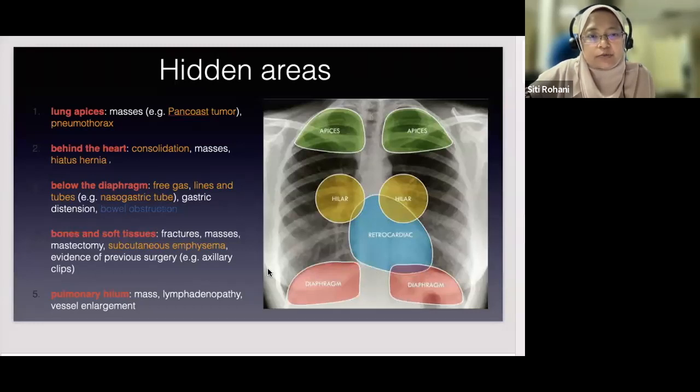In bones and soft tissue, we don't miss any fractures, any masses, or evidence of mastectomy that can give us a clue to the underlying abnormality in the particular patient. Emphysema, evidence of previous surgery, and don't forget about the hilum. Look for mass, lymphadenopathy, or any vessel enlargement that can give you some clue on what's happening to the patient.